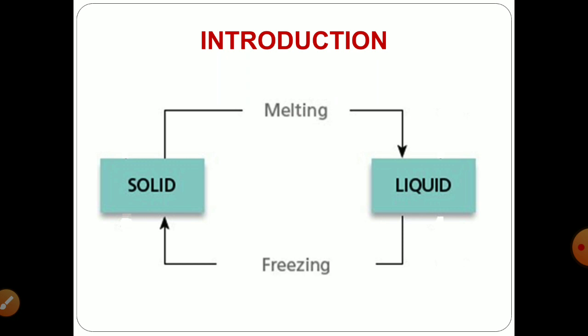So, in the conversion of solid to liquid or from liquid to solid, there exists one intermediate phase that is known as liquid crystal. It is the state of matter that is the blend of the structure and properties of the liquid and crystalline solid states.